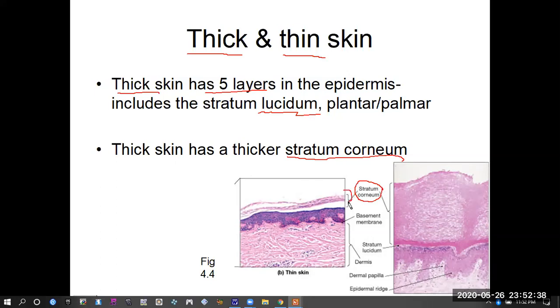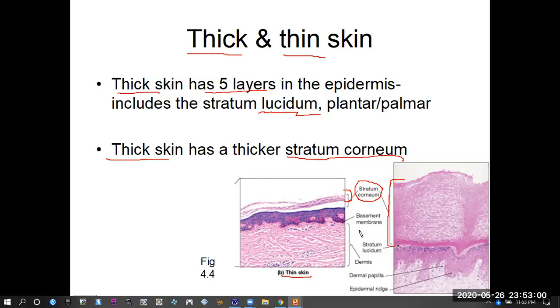However, we could use this micrograph as an example. On thick skin, the stratum corneum is much, much more prominent. So there's multiple more layers of keratinocytes for the epidermis of thick skin.